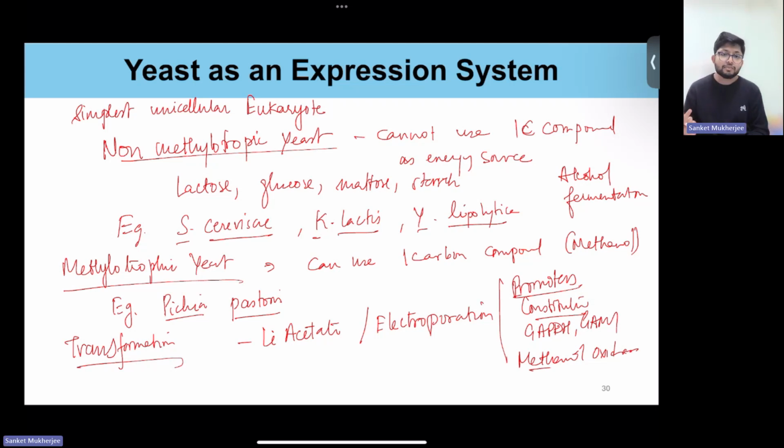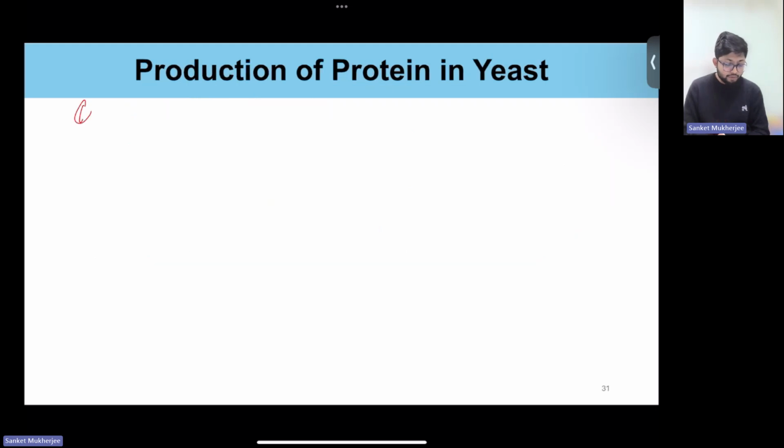In the cytoplasm, the expression is mostly high, but the recovery is difficult. So to produce protein in yeast, the transformed cell is grown in a 5 ml medium for 2 days at 28 degrees, with shaking at 180 RPM.